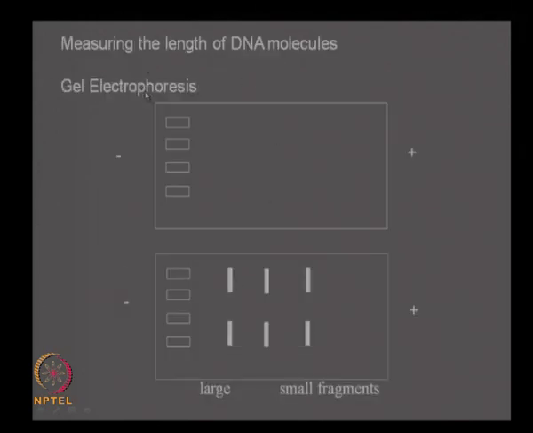Another operation which is performed on DNA molecules is to separate them by length. For that, what is known as gel electrophoresis is used. Here in a tray, gel is used, and with a comb small pits are made, and then the DNA is poured into this.